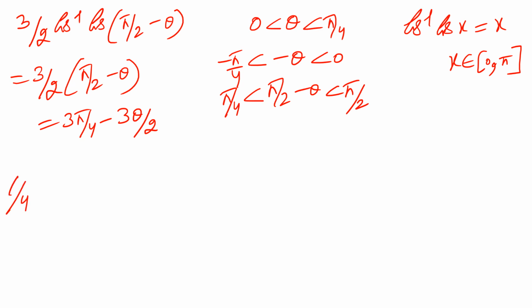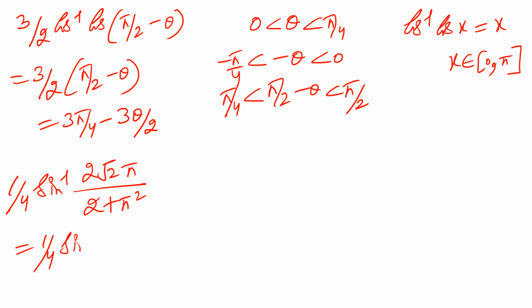And this is 1 upon 4 into sine inverse 2 root 2 pi divided upon 2 plus pi square. Now to solve this value quickly, I divide up and down by pi square. So it becomes 2 into root 2 upon pi divided upon 1 plus 2 upon pi square.